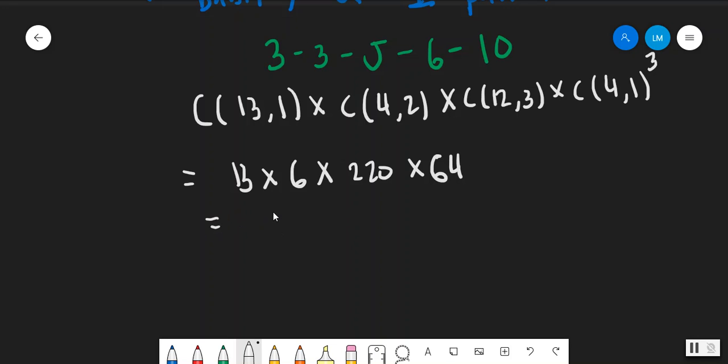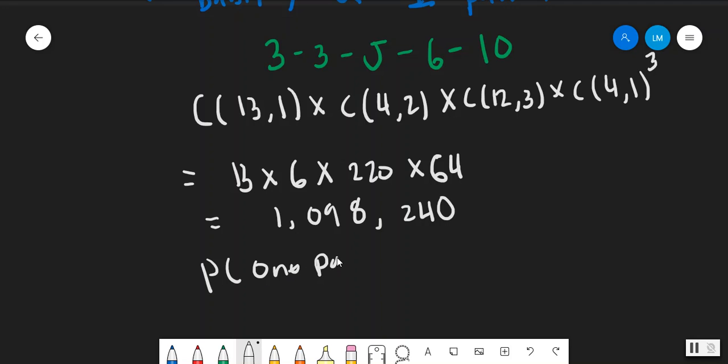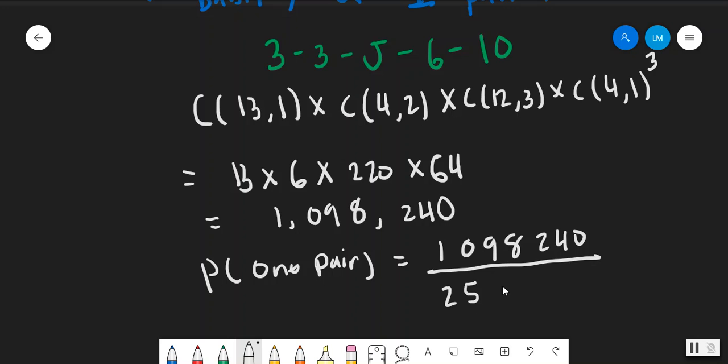Now that equals 1,098,240. So that means that the probability of one pair is equal to our 1,098,240 ways that we can get one pair, all divided by the total of 2,598,960.